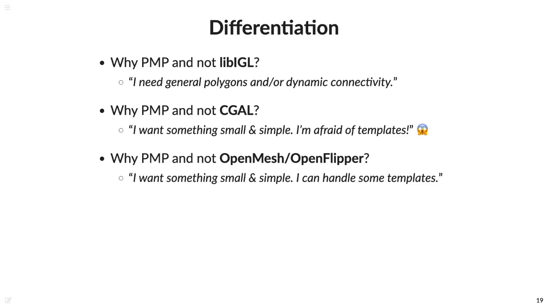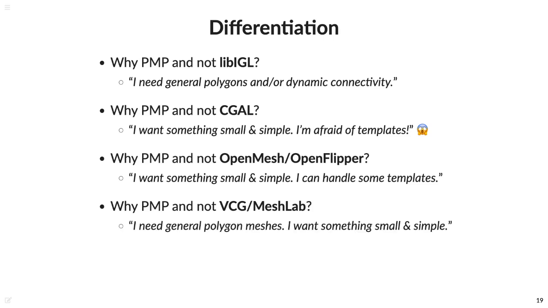So if you want to have something small and simple without templates, then go for PMP. Then we also have VCG and MeshLab. This is not small and simple, and it doesn't support general polygon meshes. So the main point probably is general polygon meshes and dynamic connectivity, and something that by design is small and simple.